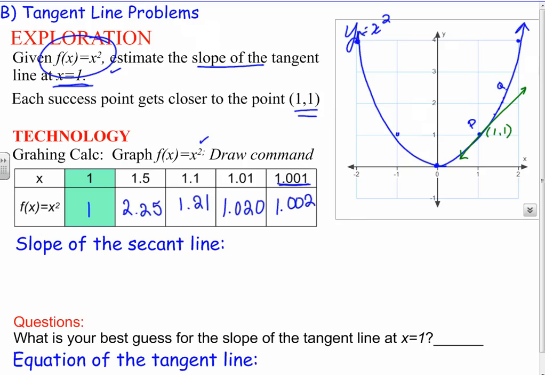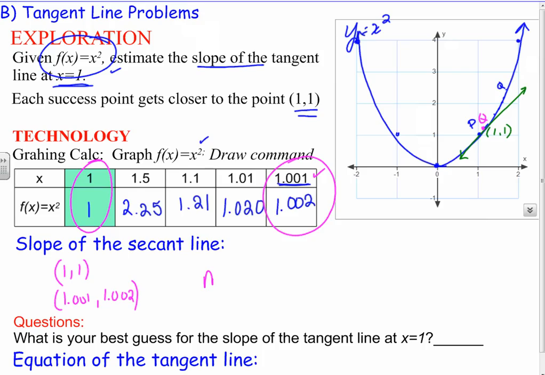Well, my best estimate of the slope at point P would be where my Q value is tightest to P. And the place that it's tightest to P is at this location. So I'm going to use the ordered pair 1, 1. And I'm going to use the other ordered pair of 1.001, comma 1.002 for its y value.